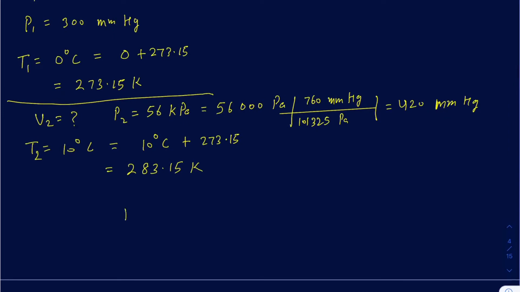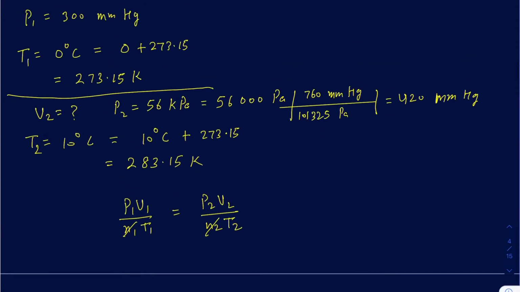Okay, so now I know everything here, so let me write down my combined gas law equation, which is P1V1 over N1T1 equal to P2V2 over N2T2. Okay, your N is constant, so I'll get rid of that. That leaves you with P1V1 over T1 equals P2V2 over T2.